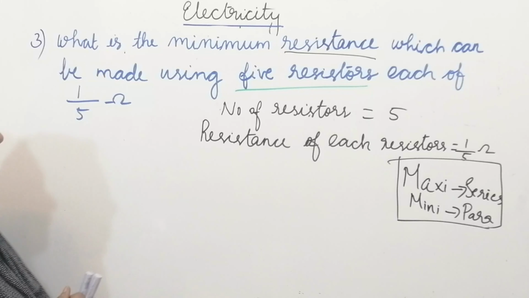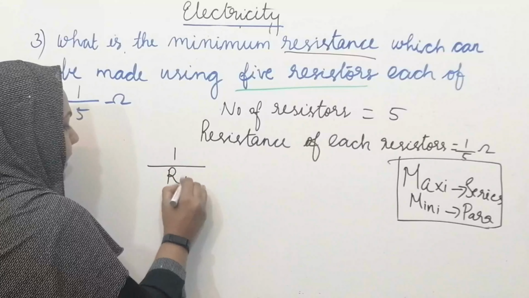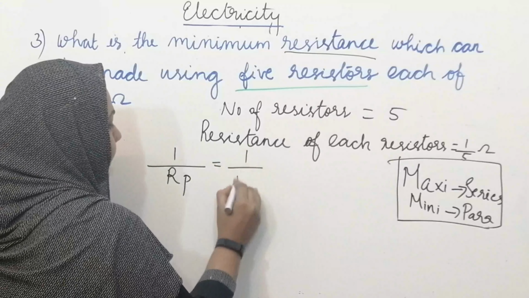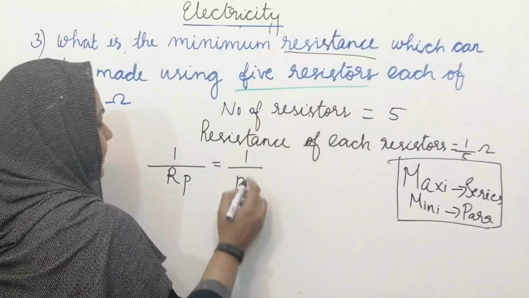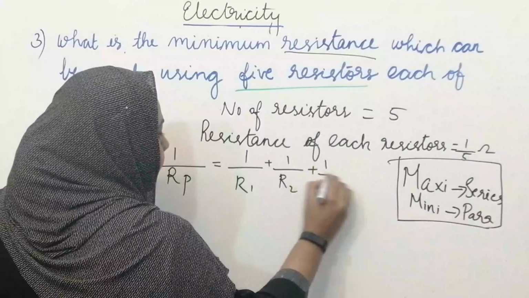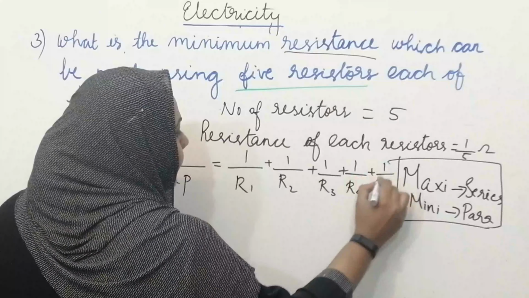Now we can write the formula for parallel. 1 by resistance in parallel, that is the formula. Here we have 5 resistors, so we can write 1 by R1 plus 1 by R2 plus 1 by R3 plus 1 by R4 plus 1 by R5.